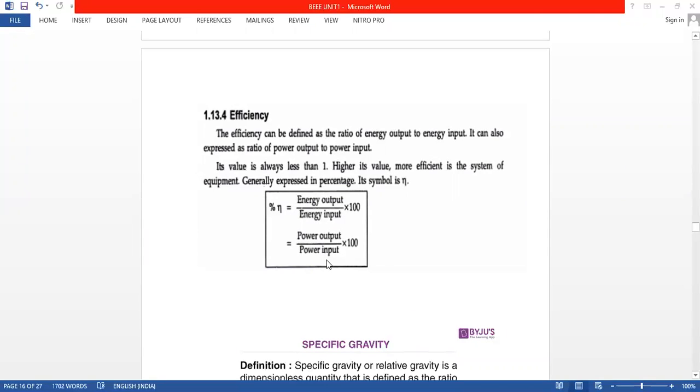Let us say we are taking a fan. Fan input power is what? Electrical. We turn on the switch. What is the output power of the fan? Anyone tell me, is it mechanical energy or electric energy? The fan is rotating, right? Whenever any object is rotating, it generates mechanical energy. Let us say you are running from one place to another place, you are generating mechanical energy, your body is moving.